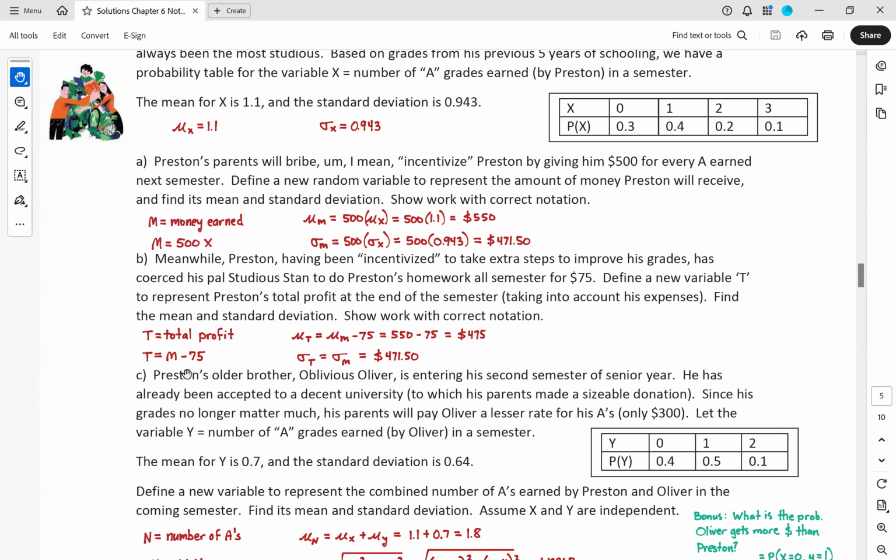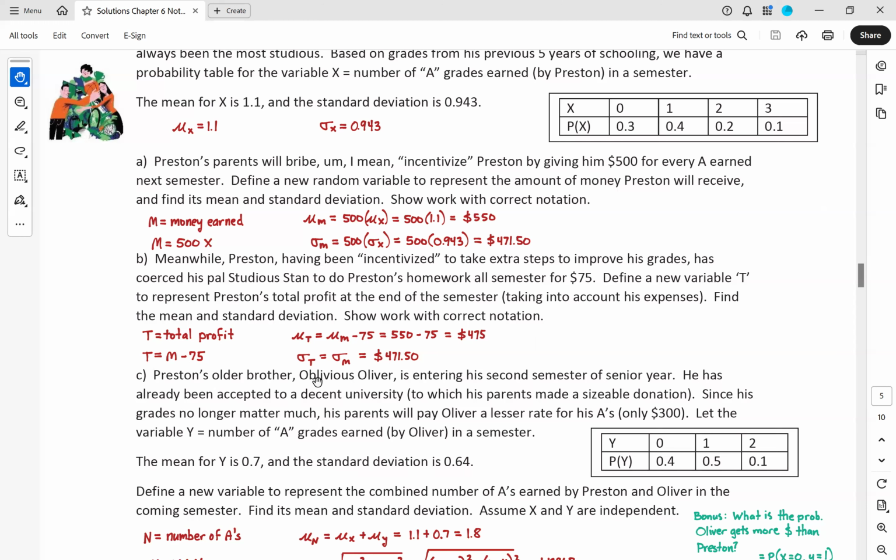Okay, so how does an addition, or in this case, subtraction, affect means and deviations? Well, for means, we're going to apply the same transformation. If I'm always subtracting 75, the mean itself will be reduced by 75. So mu of t equals the mean amount of money earned, which we calculated above, minus 75, $475.